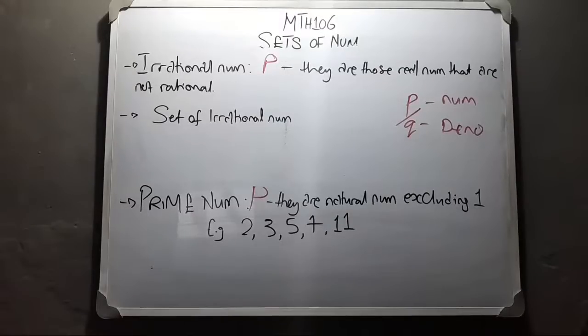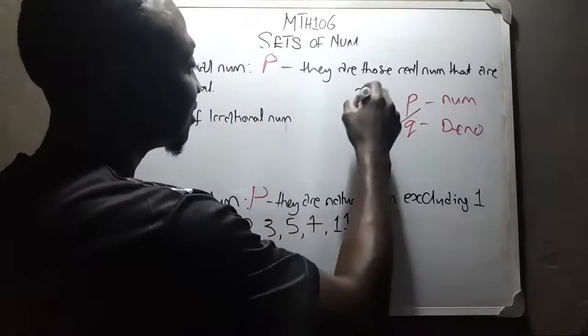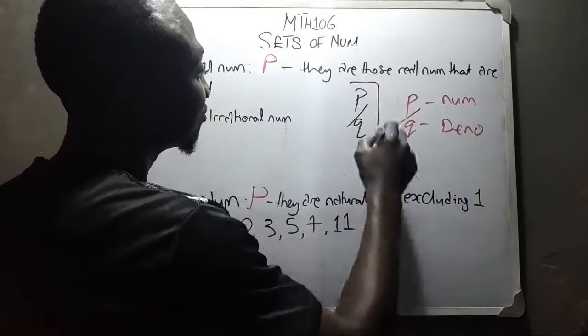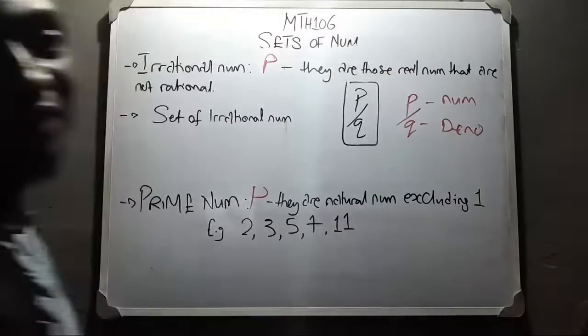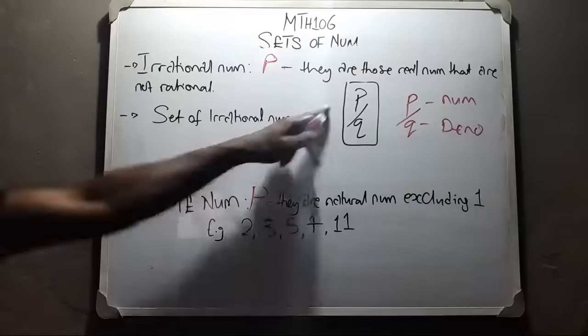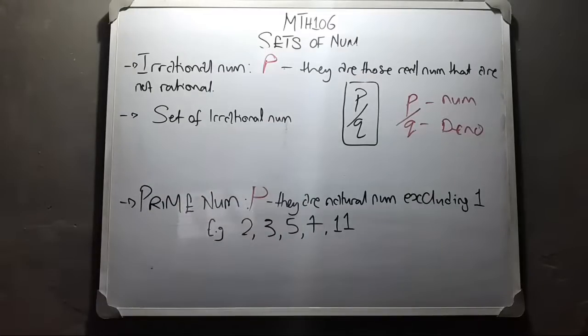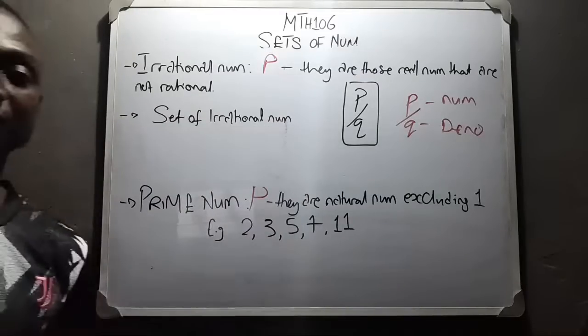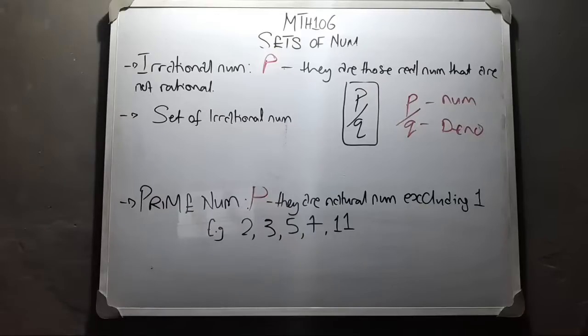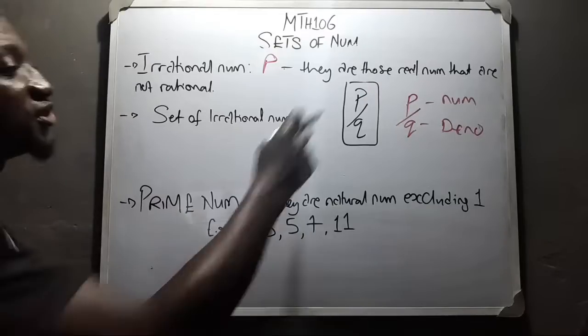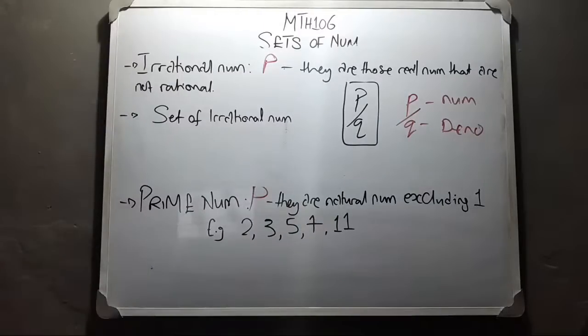But do you remember we used something like this? P all over Q. If you say prime is P, you are correct.